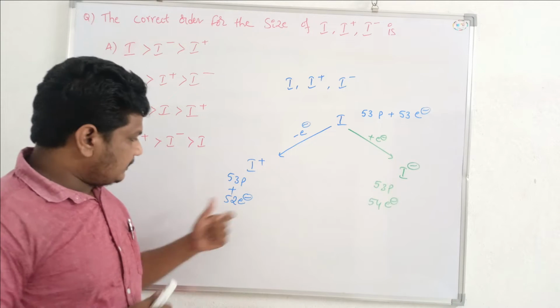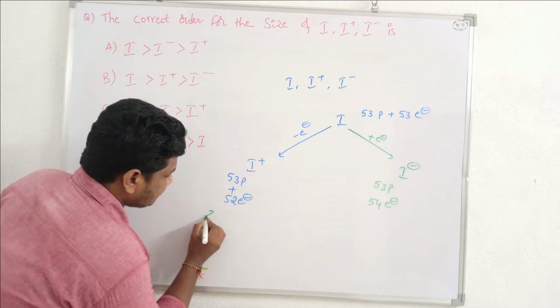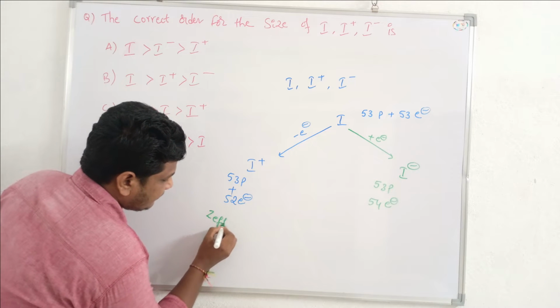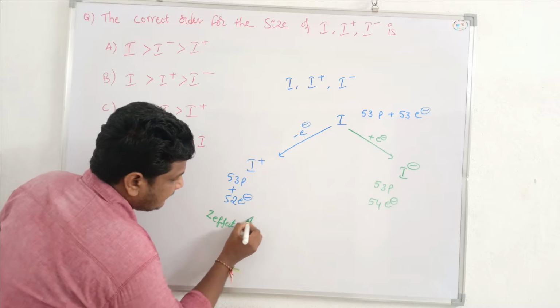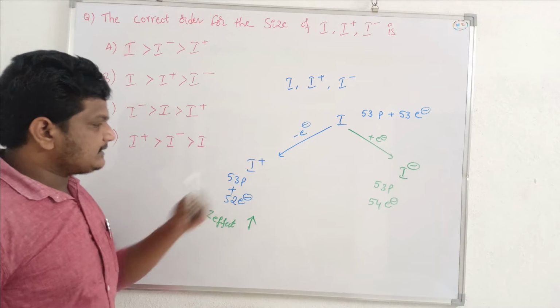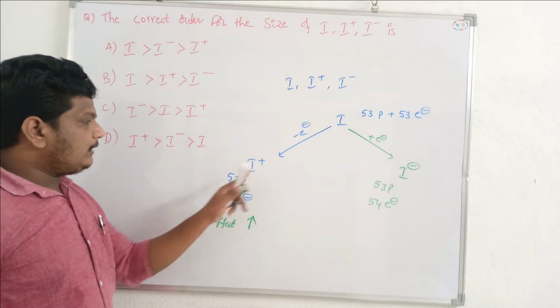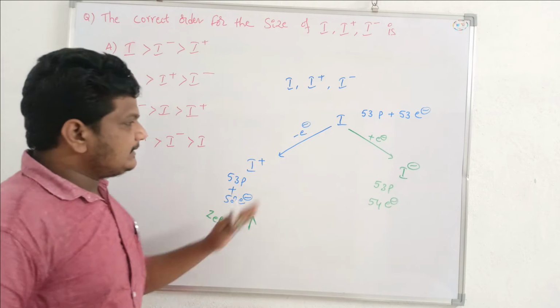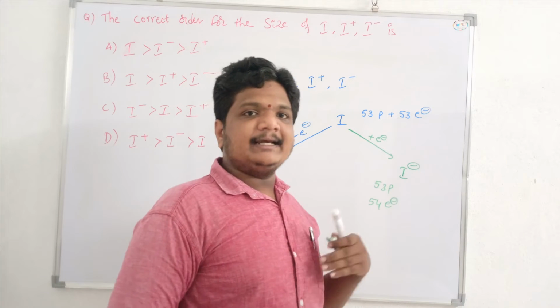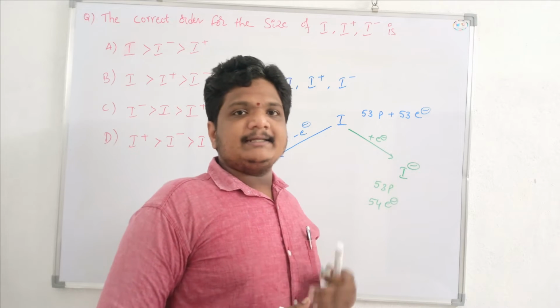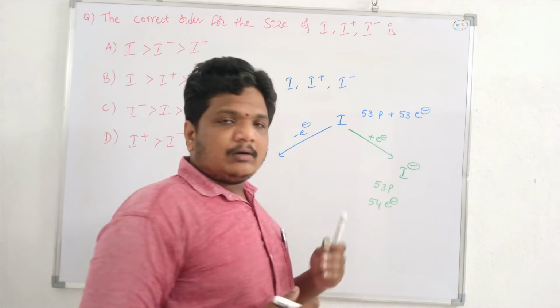So there is an increase in positive charge density, and due to this the effective nuclear charge, Z effective, increases. In the case of I+ we have more Z effective, whereas in I- there is an increase in the number of electrons, so there is an increase in inter-electronic repulsions.